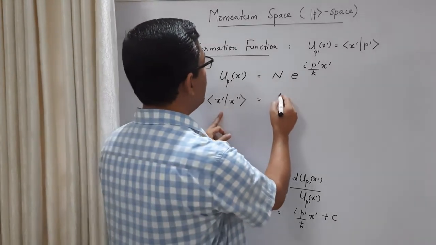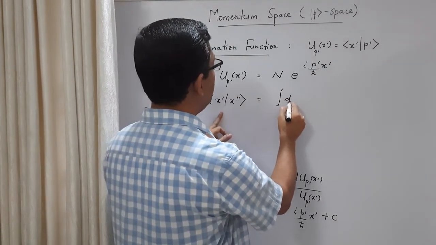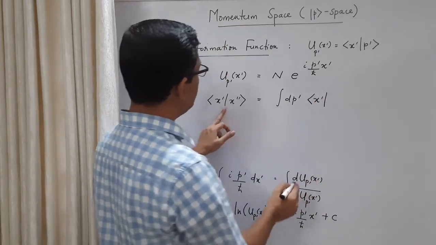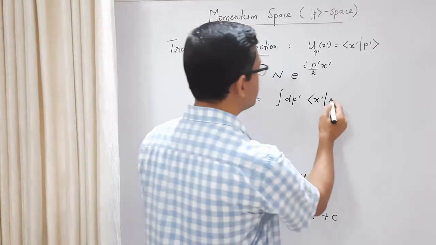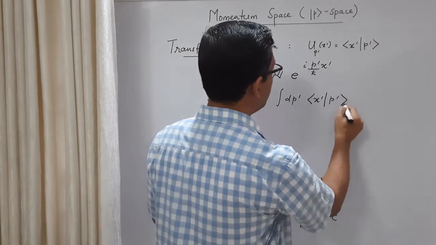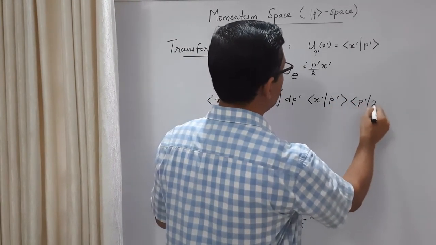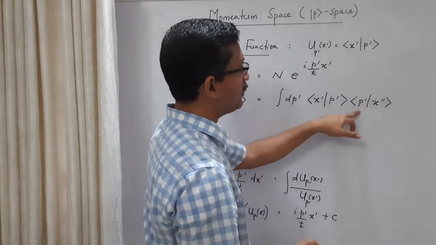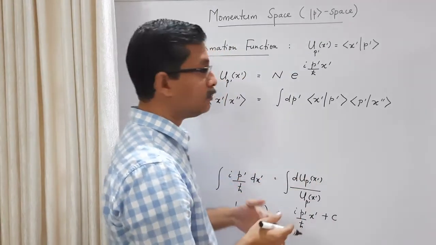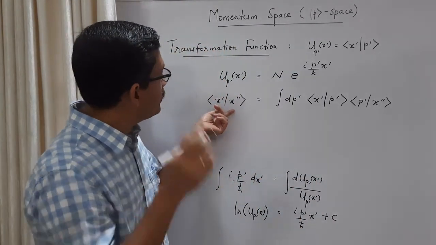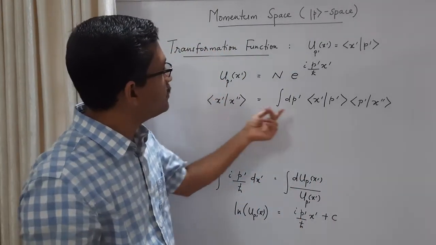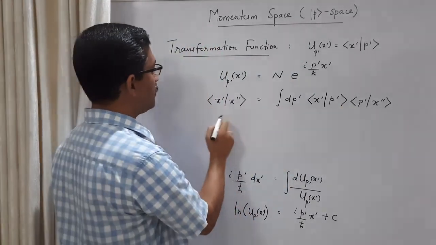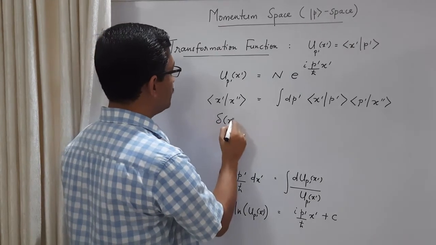Then we have the integral dp prime, bra x prime, in between these two I am introducing momentum eigenkets, ket p prime, bra p prime, then x double prime. This integral dp prime ket p prime bra p prime is identity. I have used the orthonormality of position eigenkets and the completeness of momentum eigenkets. On the left hand side, position eigenkets are orthonormal, so we get the Dirac delta function here.